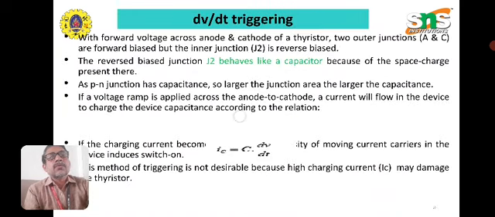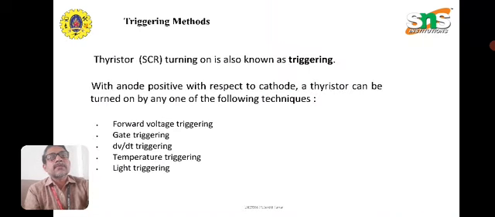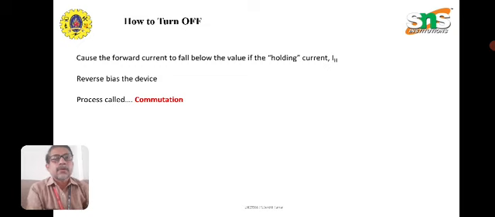And for the turn off method, how to turn off? Whereas in a transistor, if the gate pulse is given, the transistor is turned on, and when the gate pulse is removed, the transistor will be turned off. For the thyristor, the SCR family, it is not like that. If a triggering pulse or a spike is given, it is turned on, and it stays on for a continuous duration.